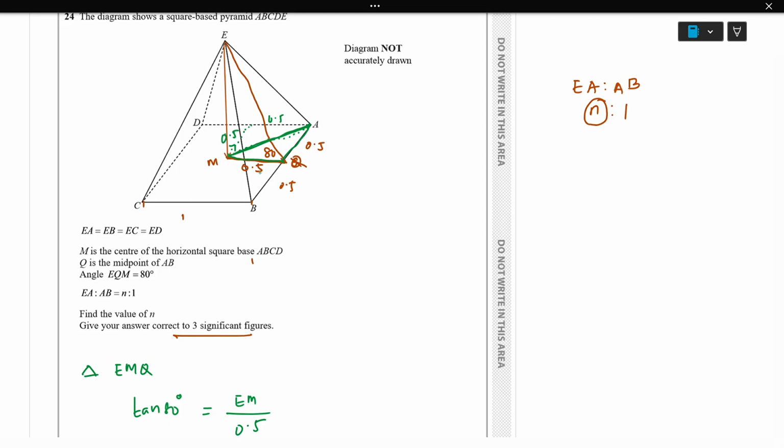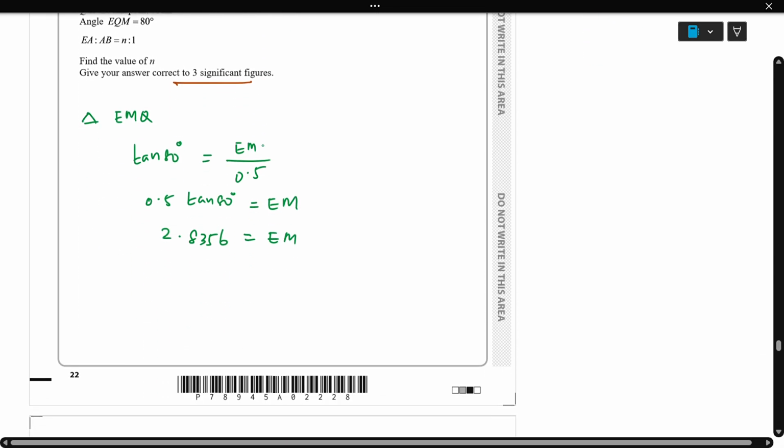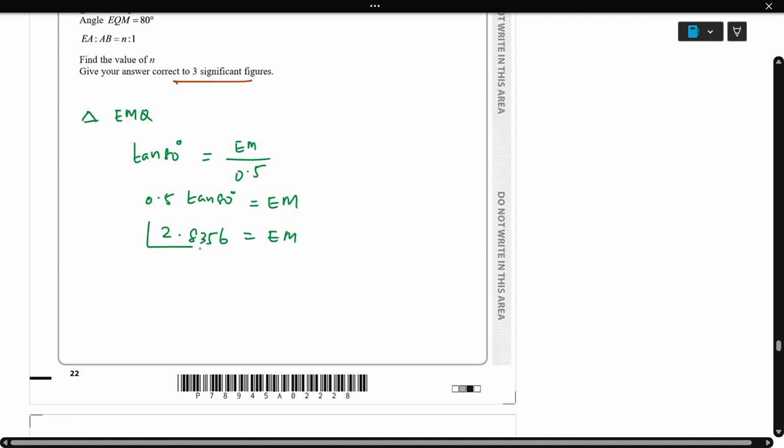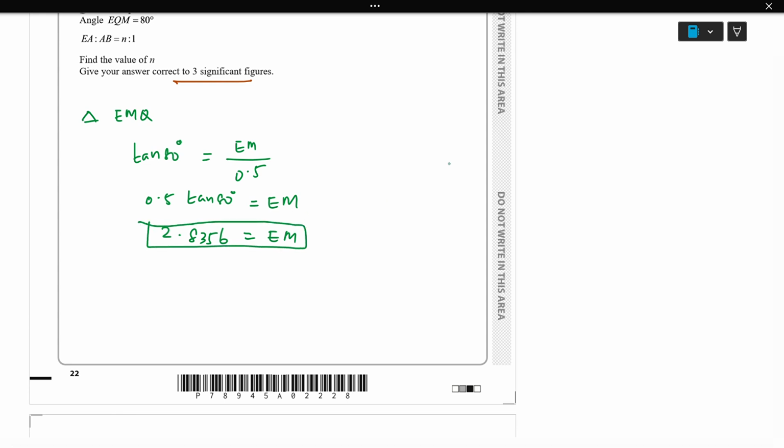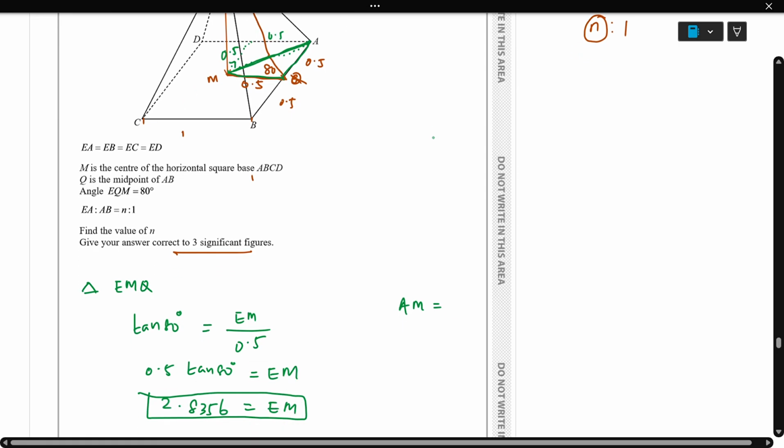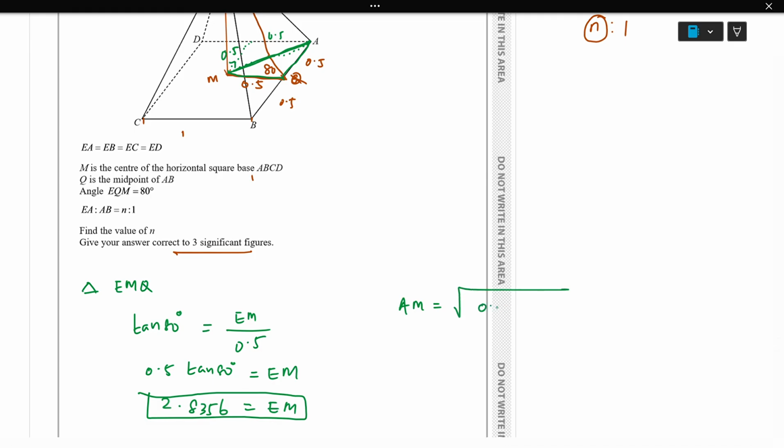So 0.5 squared plus 0.5 squared, square root, AM equal to the square root of 0.5 squared plus 0.5 squared, which is going to be root 2 by 2, AM.